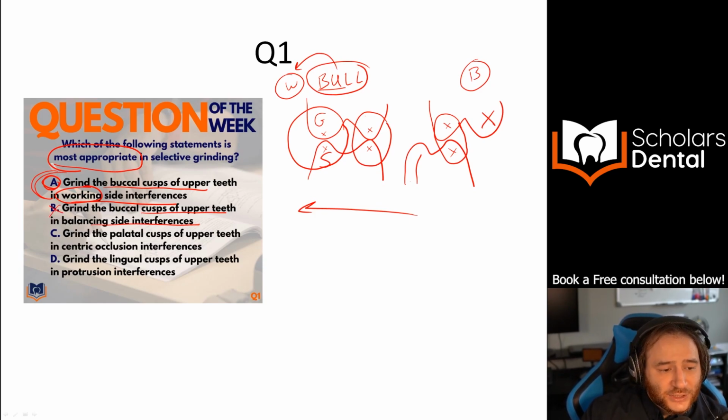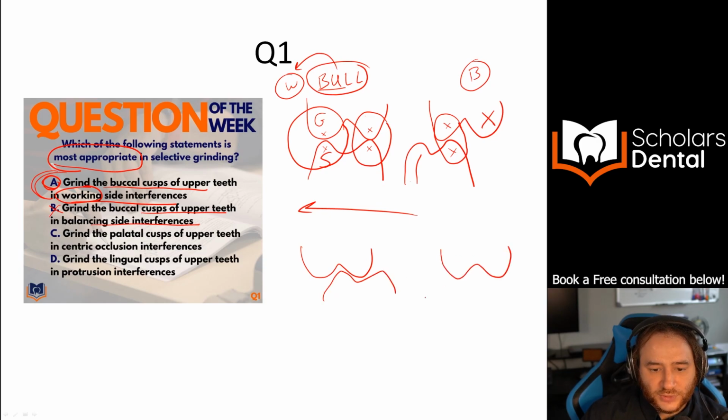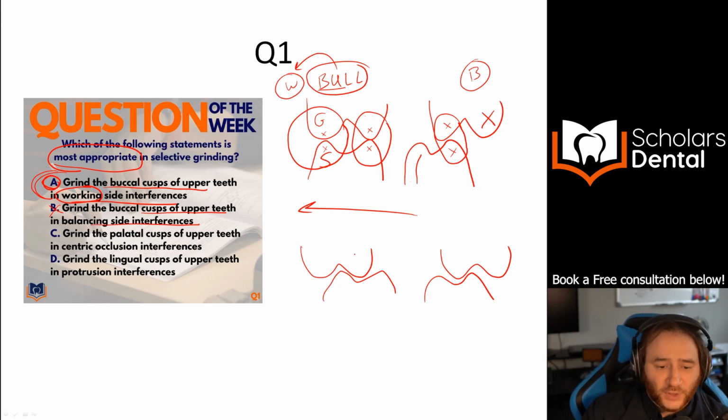Then you have option B, grind the palatal cusp of upper teeth in centric occlusion. Now in centric, it would look like this. I'm going to just put a normal maximum intercuspation. All this drawing is from the front. So in centric, if I do have interference here, I don't find it most appropriate to say that my first immediate step is to grind the palatal cusp of the upper.